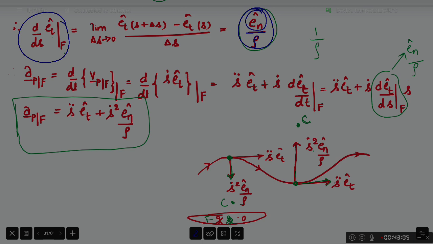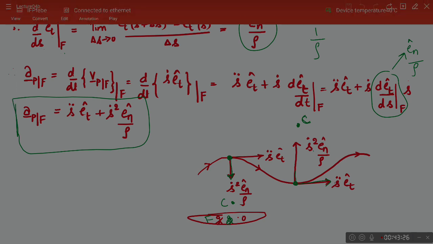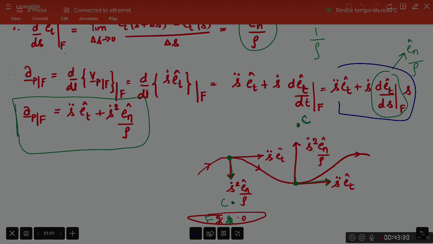So going back to the expression of APF, I had processed things till this point two slides ago, and now I have an expression for this. I was looking for some information about this vector.